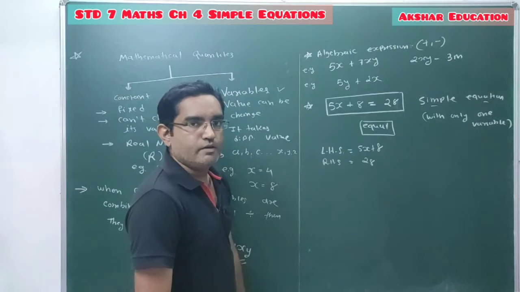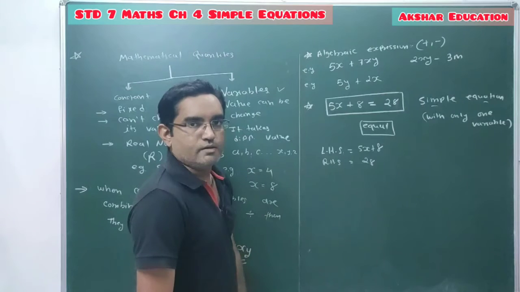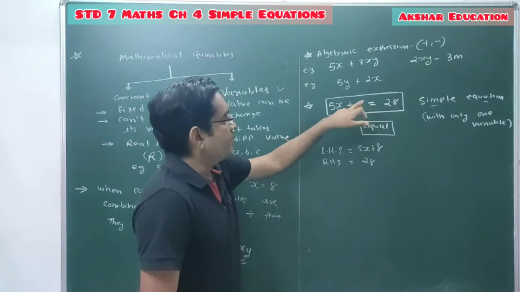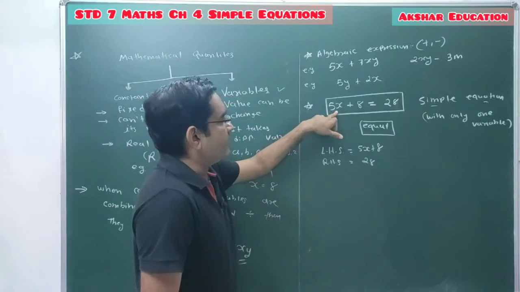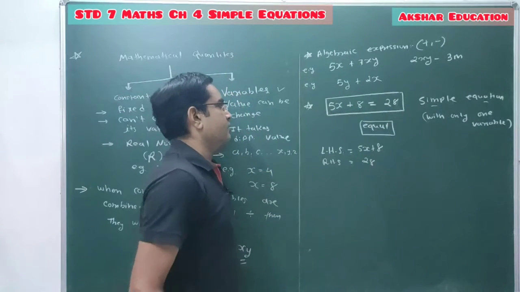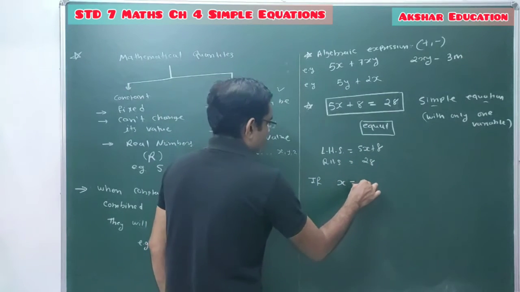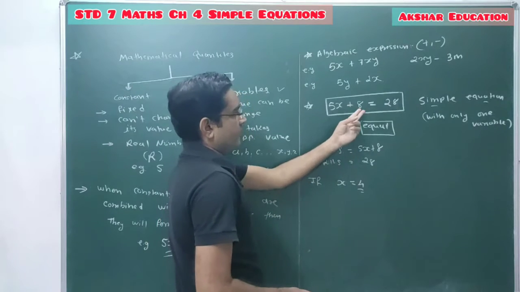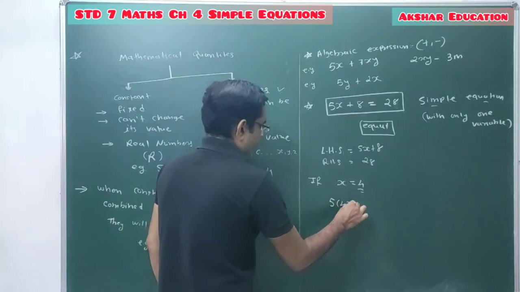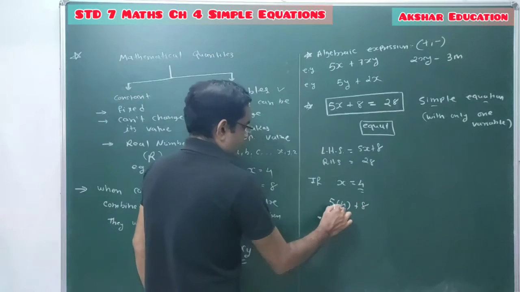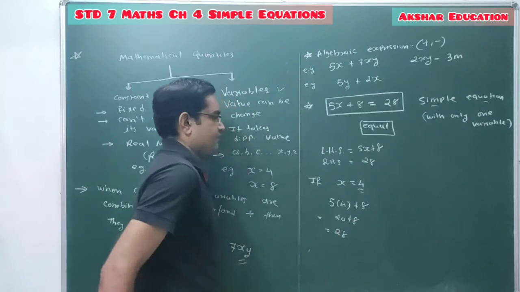Now in our next topic we will discuss how to form a simple equation with given conditions. Here the given condition is the value of x for which the value of this entire algebraic expression must be 28. If we take x equal to 4, then we get 28. Put x equal to 4 here, so we get 5 into 4 plus 8. 5 into 4 is 20, plus 8 equals 28.